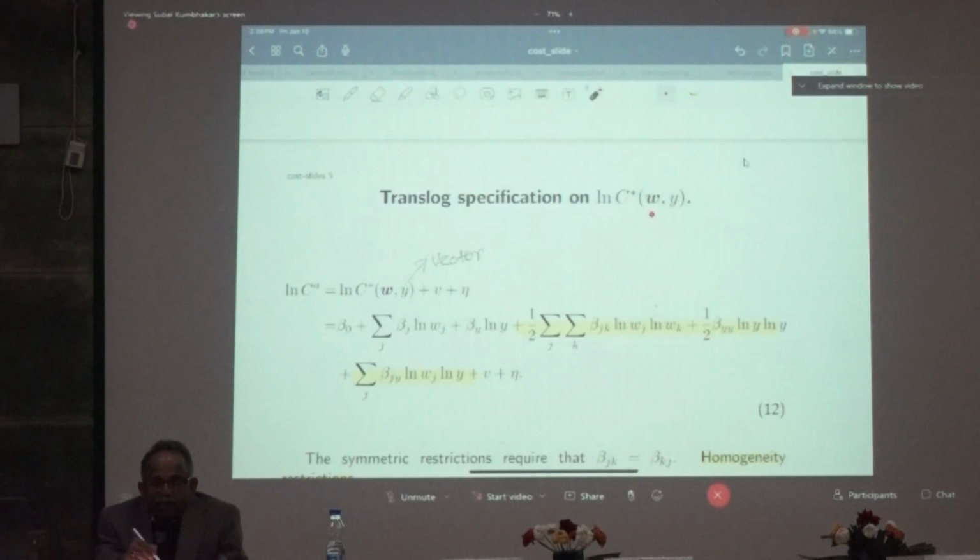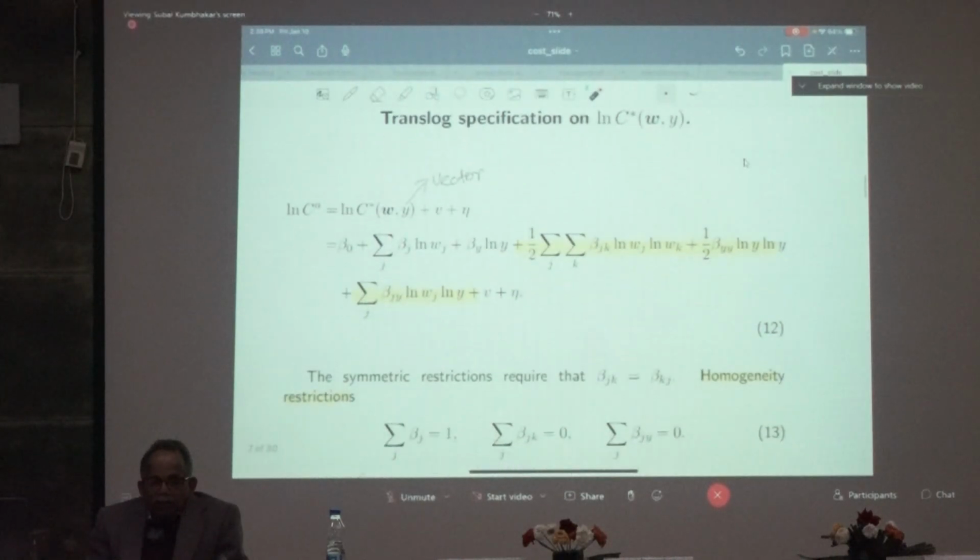So you take a linear function of log of y and log of w. You have a single output y, so this is its coefficient, and these are the coefficients of the input prices. Now, there are a couple of things for a cost function. You don't need this term, because I crossed out the other terms.